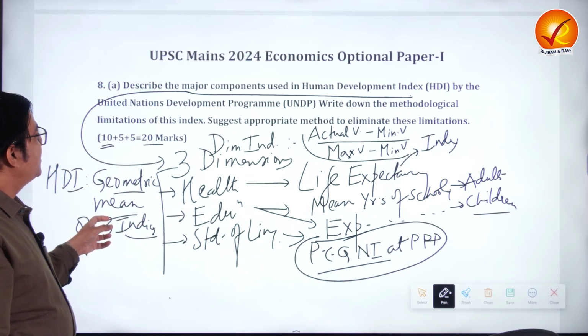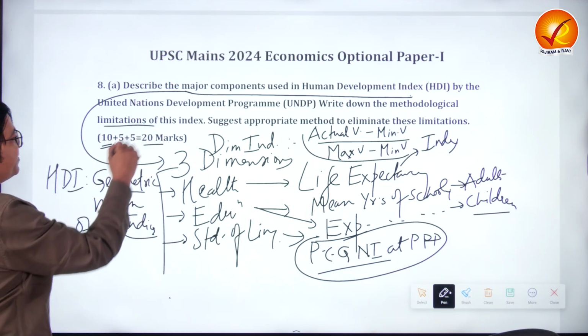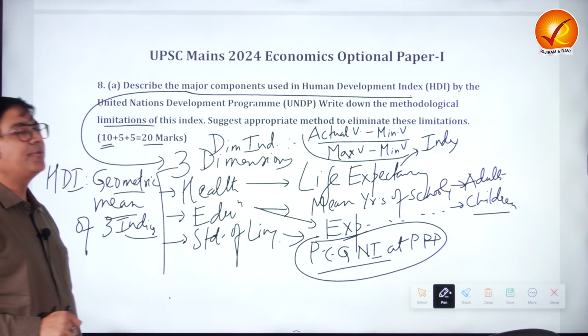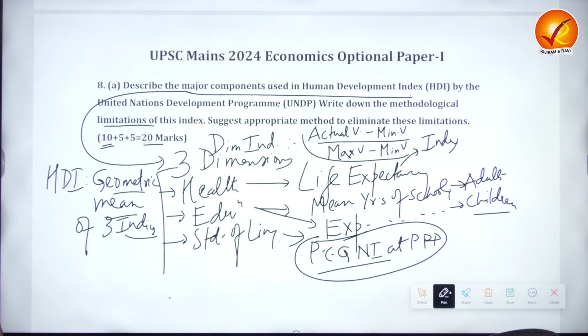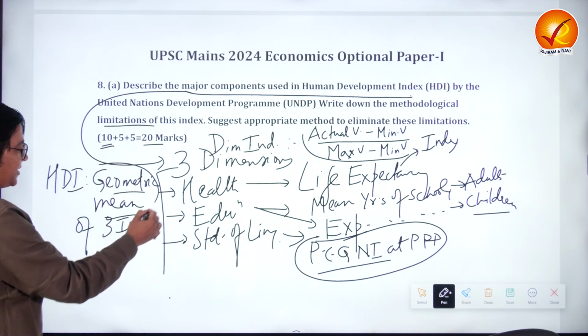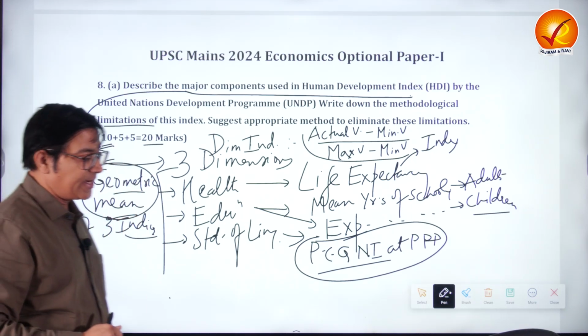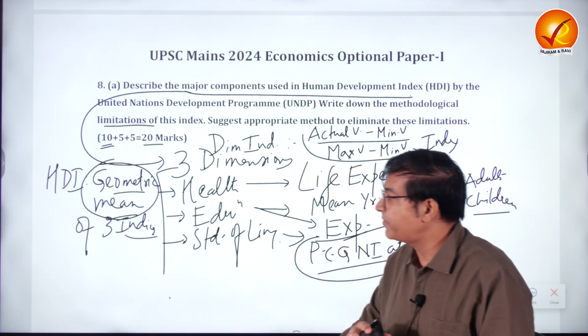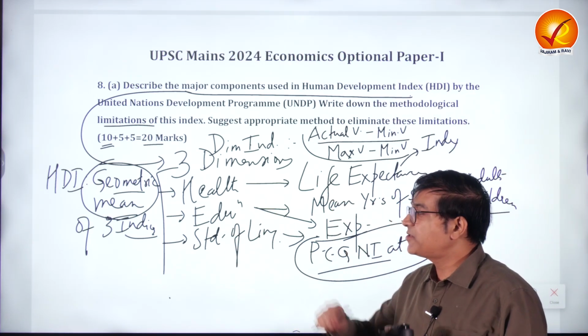Okay, they are also asking what the limitations of it are. Although overall HDI has improved over time, you can still claim some limitations. One improvement was shifting from arithmetic mean to geometric mean. Till 2009, it used to be the arithmetic mean of these indices. It changed to geometric mean.